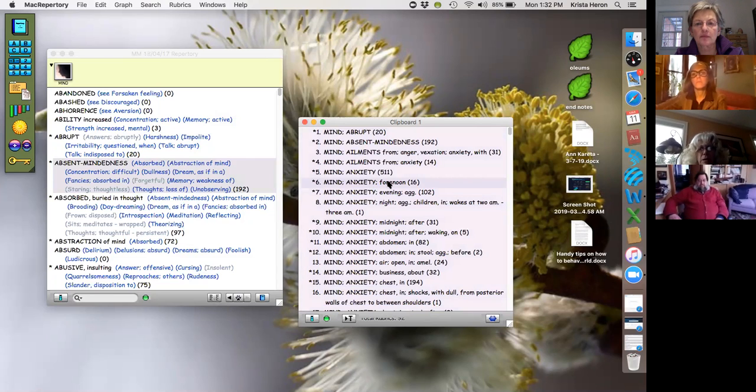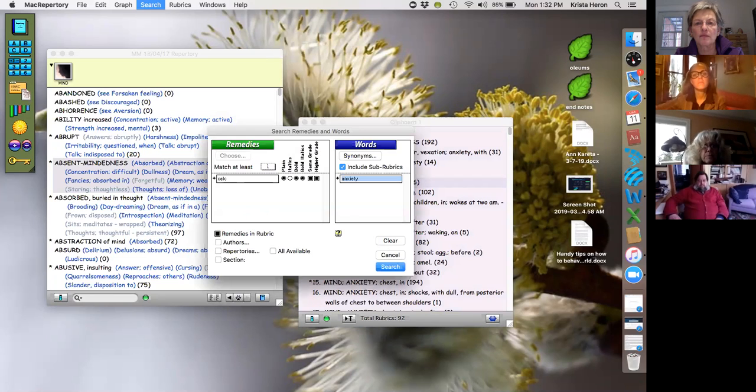So here we are, and let's now make a different search. I'm just teaching you something else. So now I do Command F. You can go up to your menu bar and choose this same thing.